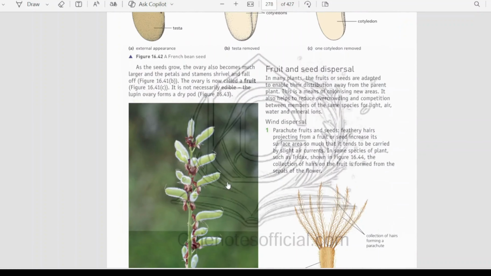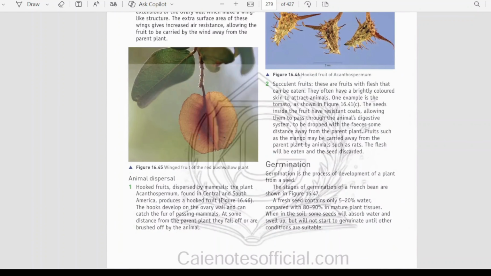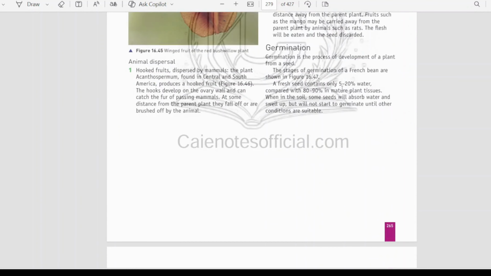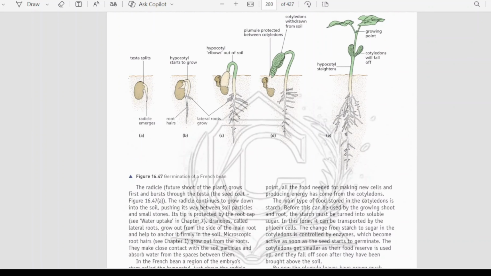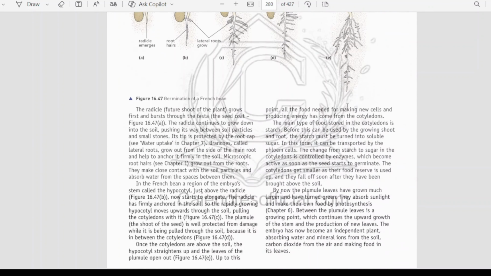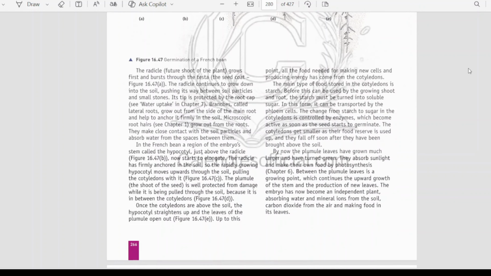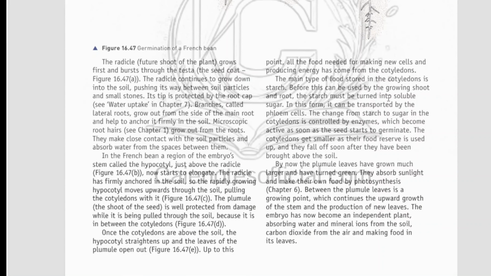Okay, seed formation and germination. Here. I guess a whole process is given here. I hope so. Okay, they have given us detail of that.